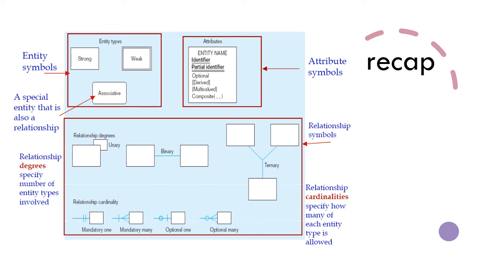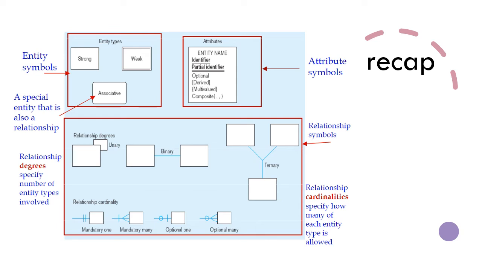This is what is defined under ER modeling, entity relationship modeling. Then we have a relationship, the degrees, the cardinality, and also the relationship. The degrees unary, binary, I have not explained yet. Okay. So it's not yet explained.